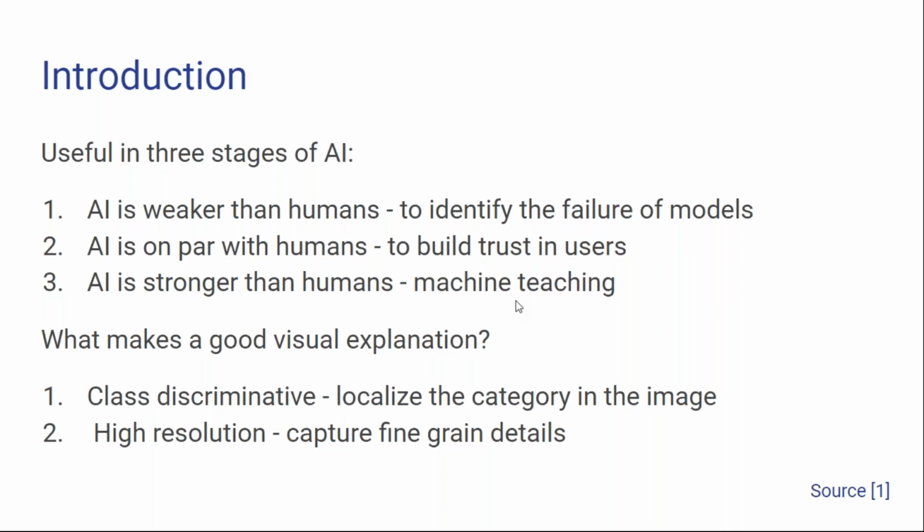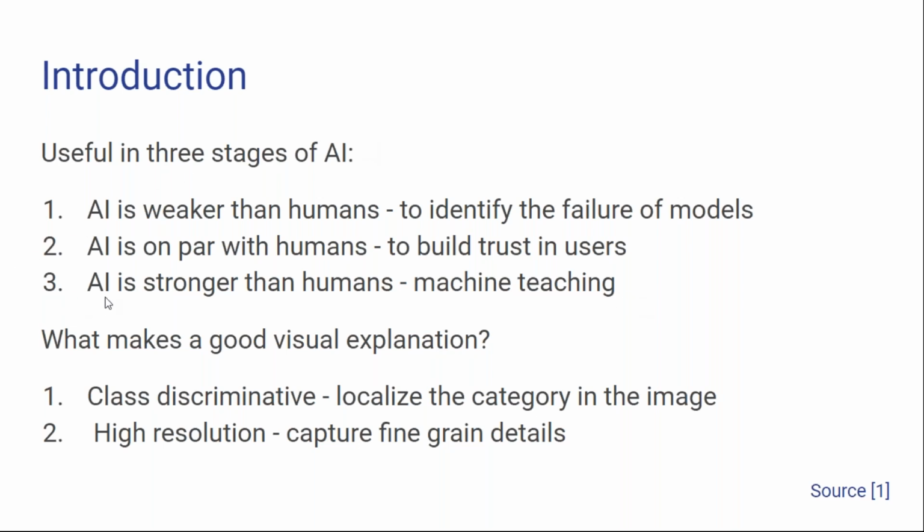Using these techniques, you can ask the machine to teach them to humans, so humans can learn from the machines and use it in their tasks, right? That is one of the uses, if you can see.